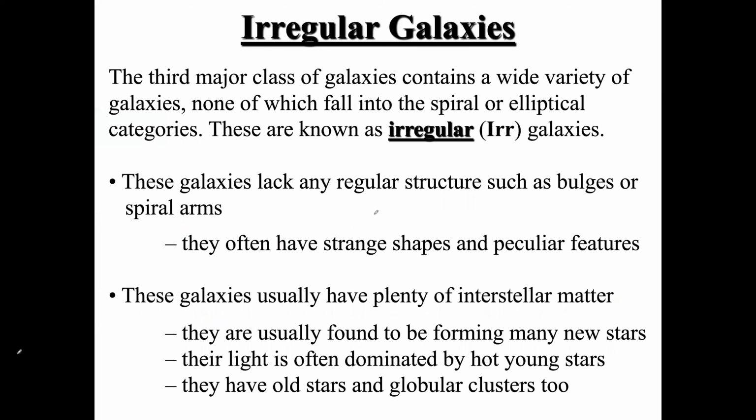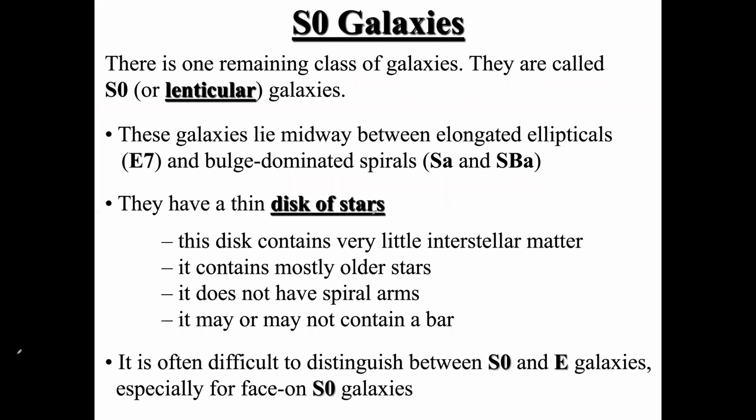And you probably have seen that in the tuning fork diagram, you have elliptical galaxies and spiral galaxies, and they are also subdivided into different parts. However, you will have irregular galaxies, so they do not have this proper elliptical or spiral shape. So they do not have a proper shape, so that's why we call them irregular galaxies, right? Those are the main types of galaxies. And then you have this S0 or lenticular galaxies.